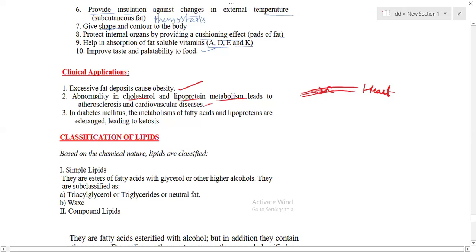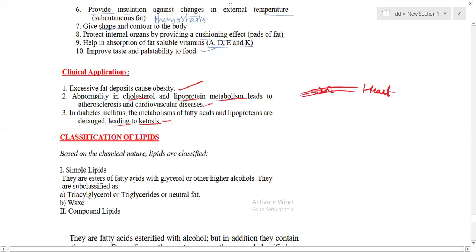Also in diabetes mellitus, the metabolism of fatty acids and lipoproteins is disturbed, leading to ketosis. Ketosis is one of the syndromes that excessive lipids may cause.